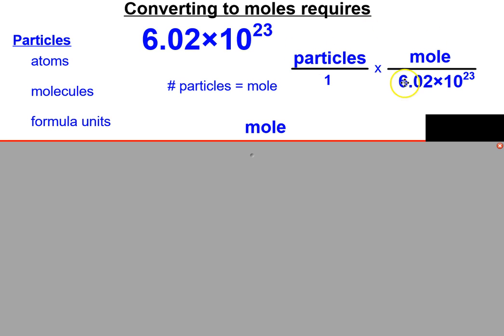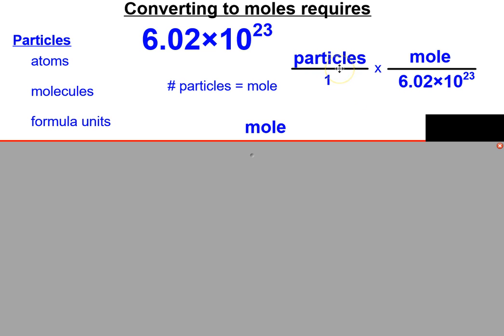We're going to change the particles into moles because we know that the Avogadro number, which is what this guy is, is going to tell us how many particles are in 1 mole of any substance, whether it's atoms, molecules, or formula units. And we're going to do some examples of this right out of your homework from the weekend and hopefully set these concepts for you really well today.